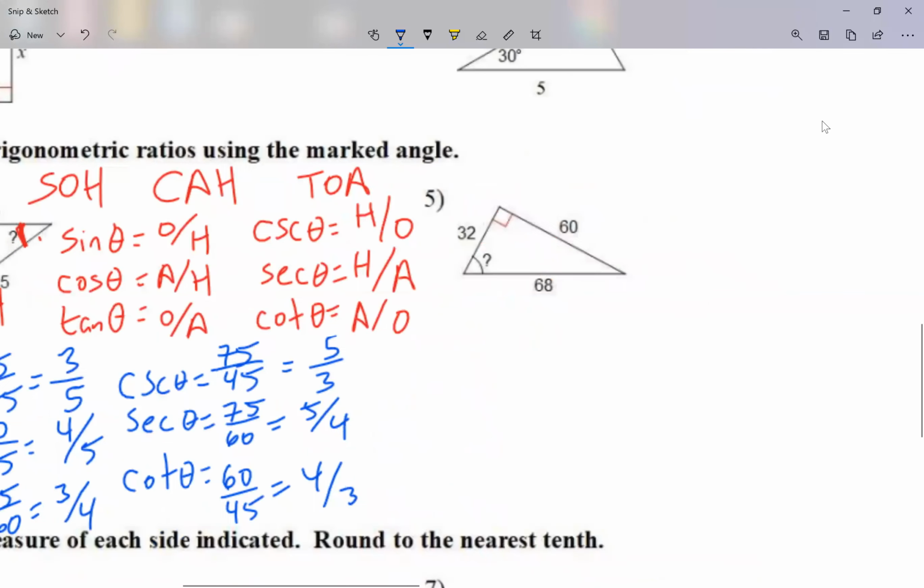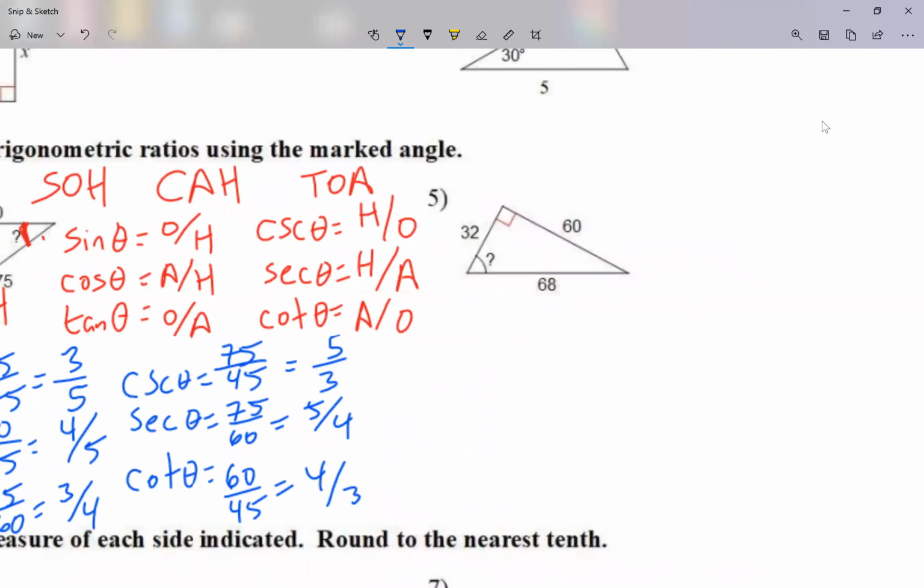Let's take a look at question number 5 here. Let me label my sides. I know the big side is always the hypotenuse, so 68 will be the hypotenuse. Based on this angle, 60 is the opposite because it's far away, and 32 is the adjacent.